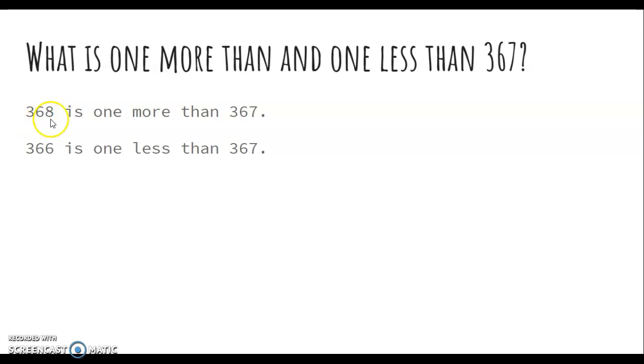That means 368 is 1 more than 367. 366 is 1 less than 367 because if we subtracted 1 from 367, we would get 366. So my answers would be 368 and 366.